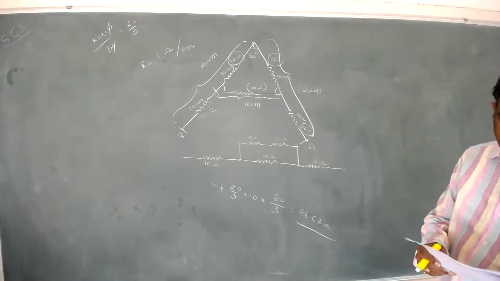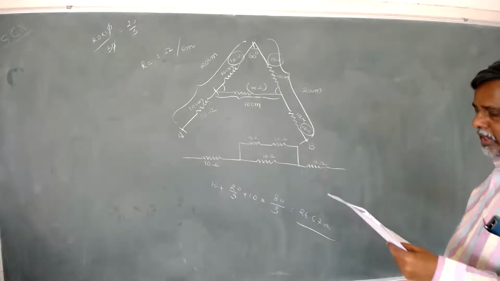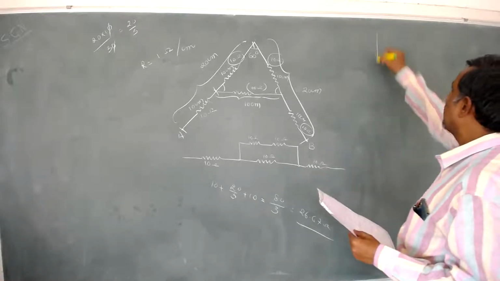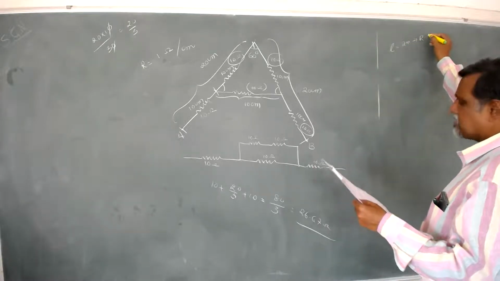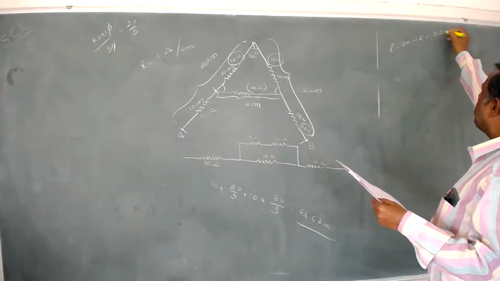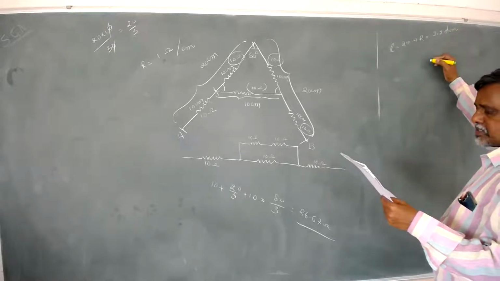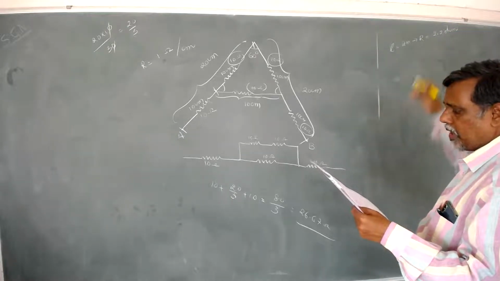So a uniform wire of resistance 2.2 ohm has a length of 2 meter. So the length of this wire is 2 meter, and the resistance R is equal to 2.2 ohm. Find the length of the similar wire.